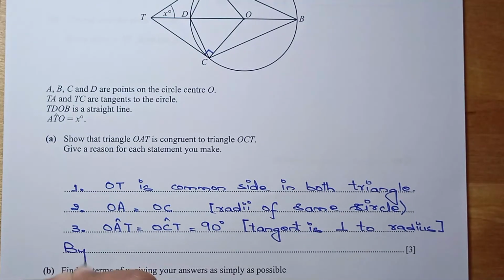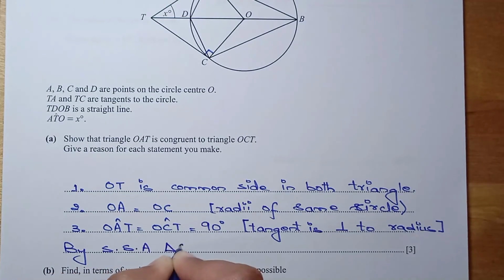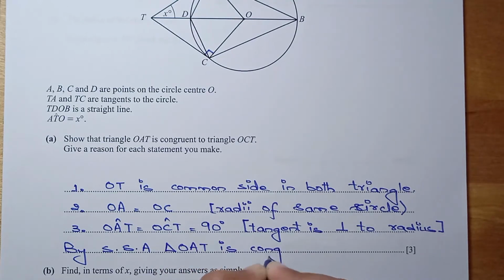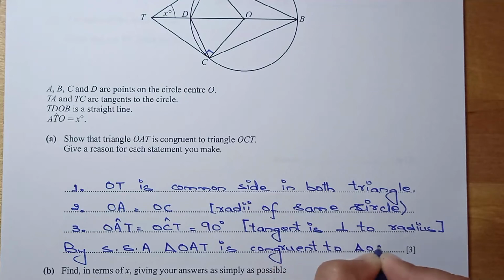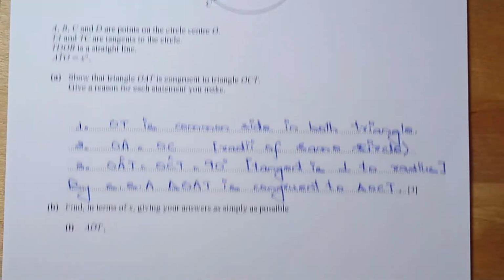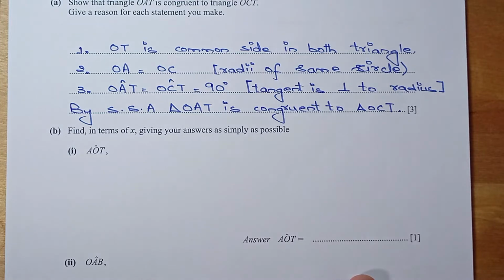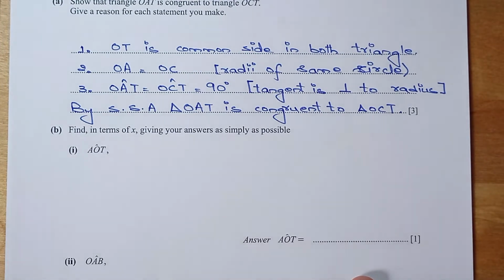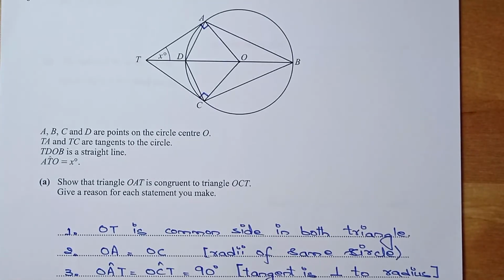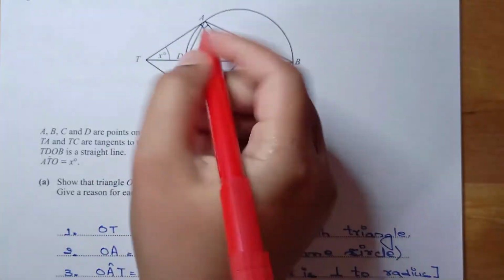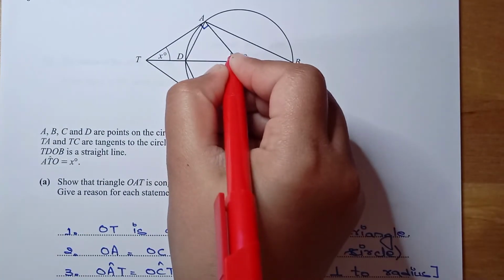So we can say by the side angle postulate, triangle OAT is congruent to triangle OCT. Now for part B, find in terms of x, giving your answer as simply as possible. The first part is AOT. This is the angle we need to find.